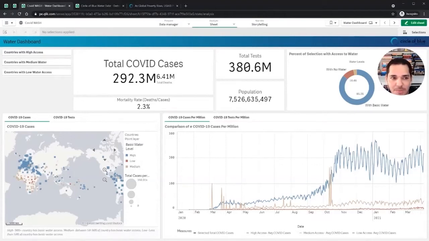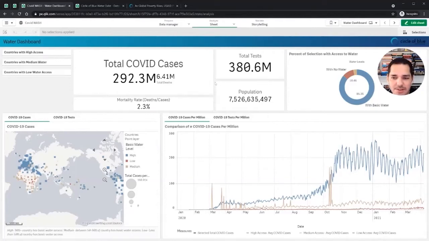This first one, as Carl mentioned, is around WASH, and that's the water, sanitation, and hygiene, and as it relates to COVID. So there's a rich set of data that this application that Deloitte built pulls together, and that comes from the WHO and the World Bank. So what we see here is the total number of COVID cases up until a certain date.